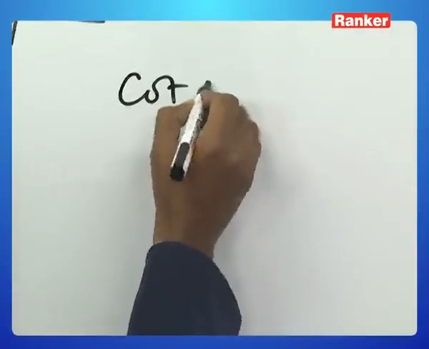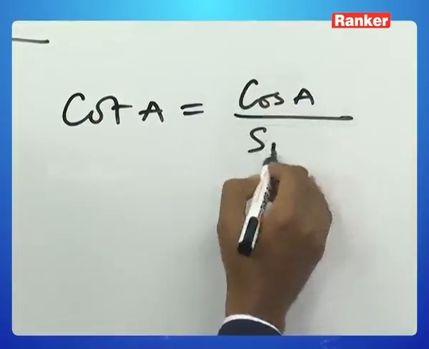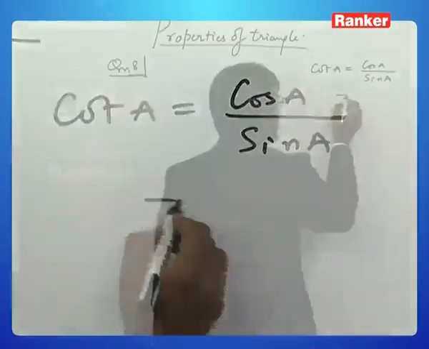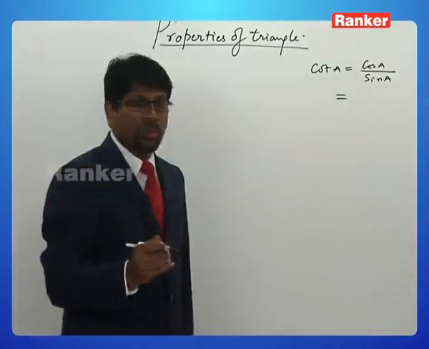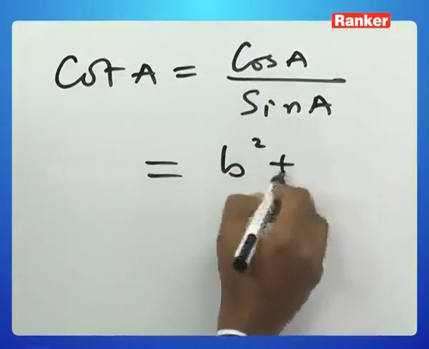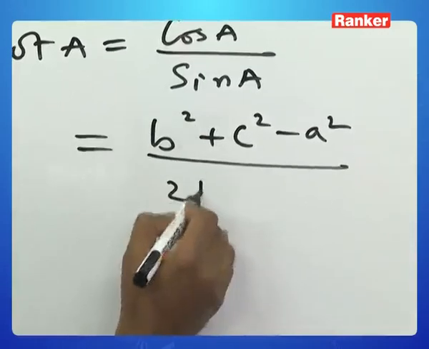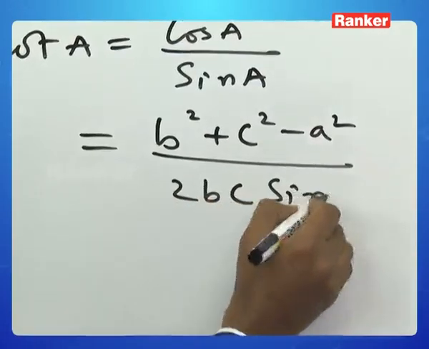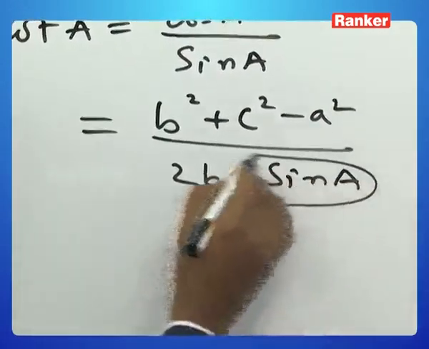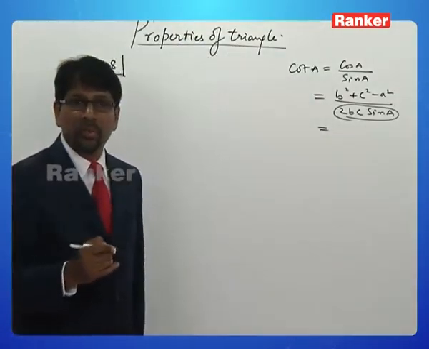Cot A is equal to cos A by sin A. We can use the cosine rule formula for cos A. So, what do we have here? B square plus C square minus A square by 2BC sin A. But this 2BC sin A can be written as 4 delta, because half BC sin A is equal to delta.